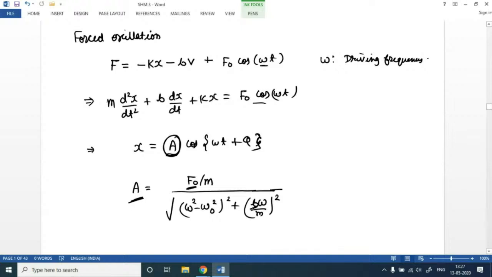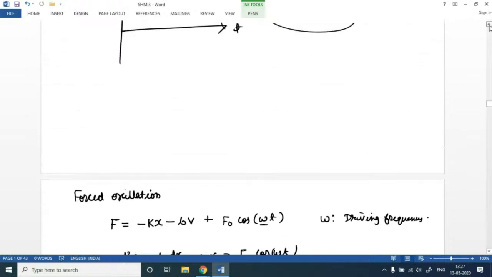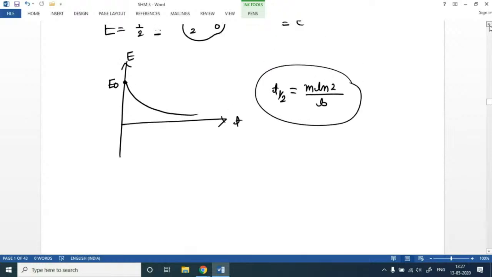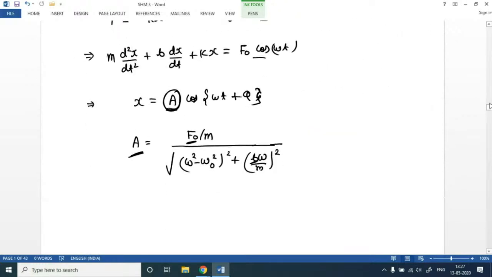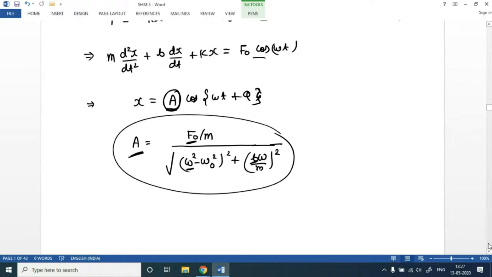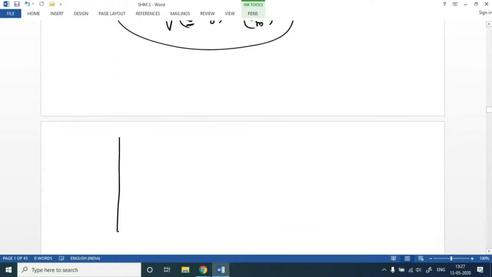It will also depend upon the damping coefficient b, which we have already named, and most of all it will depend upon the angular frequency of the driving force. So let's explore this function a little bit and try to have a graph between A and omega.